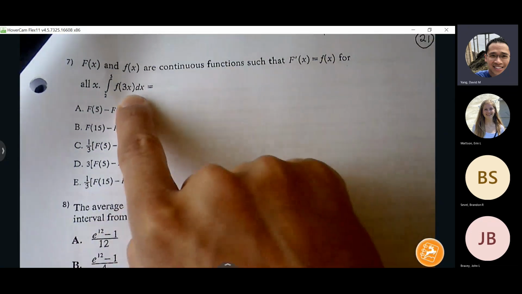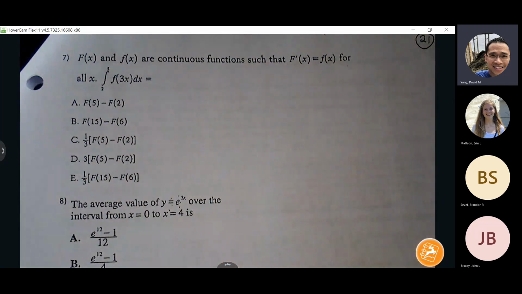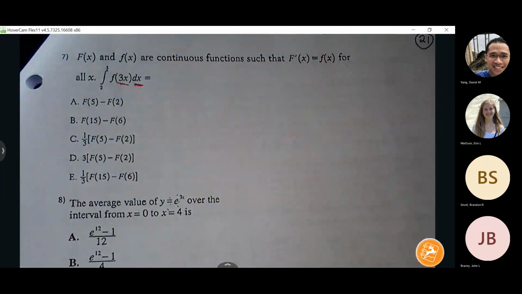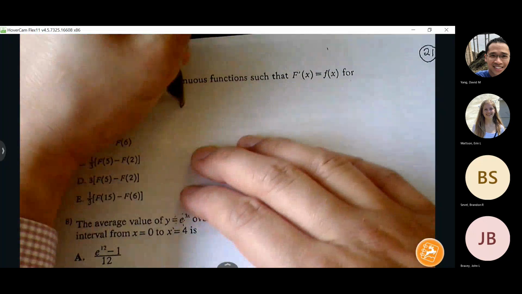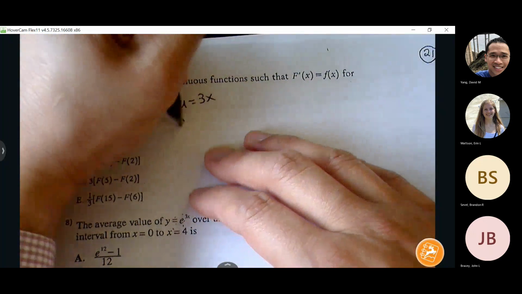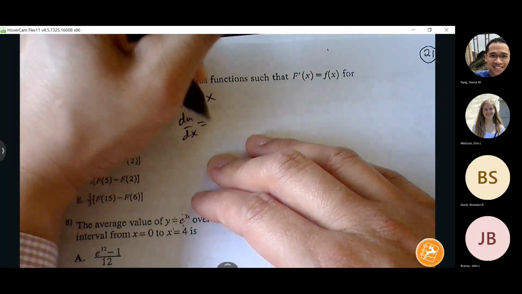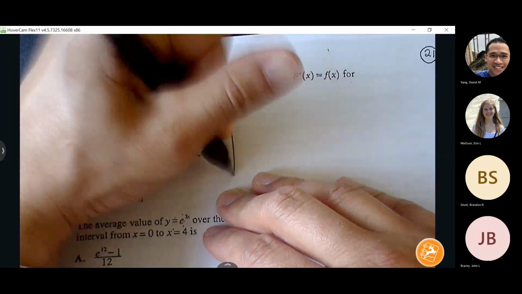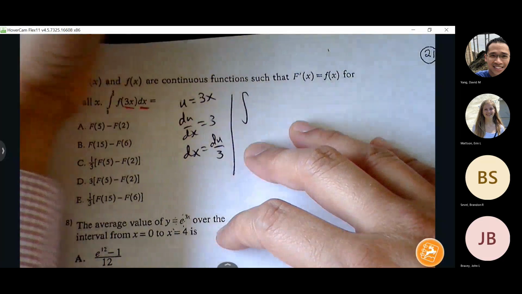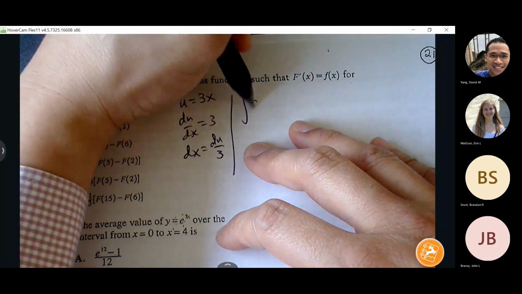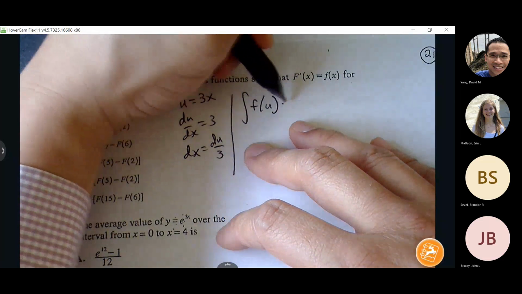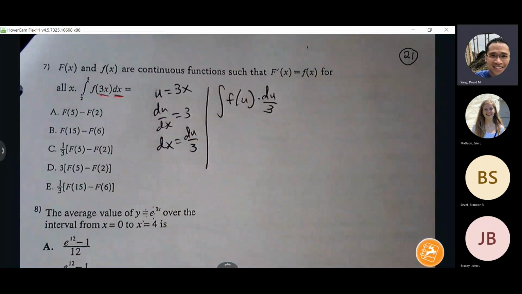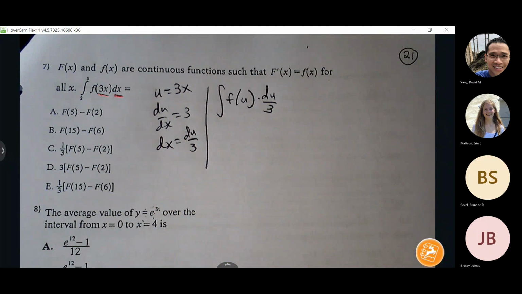So let's go through substitution first, because we know that 3x is going to have some leftover associated with it. I'm not going to deal with the balance just yet.